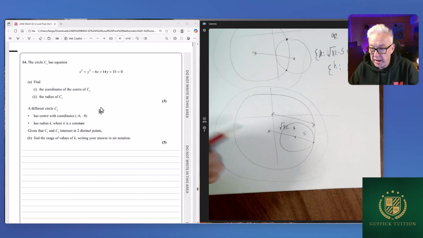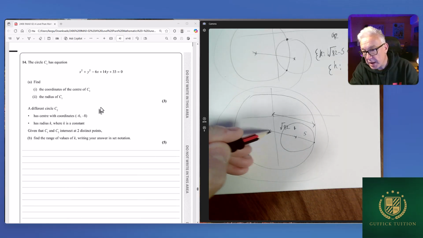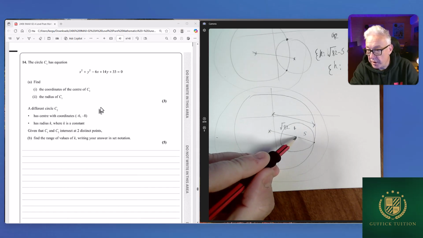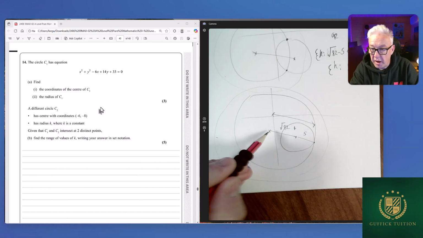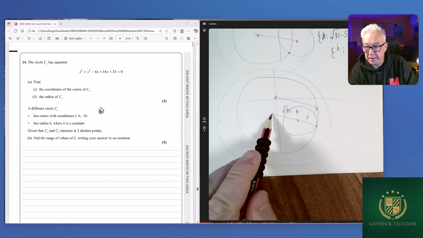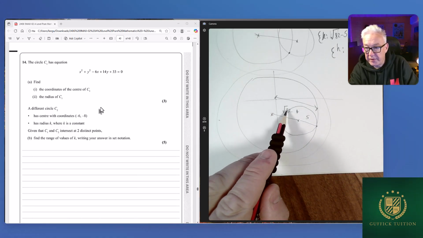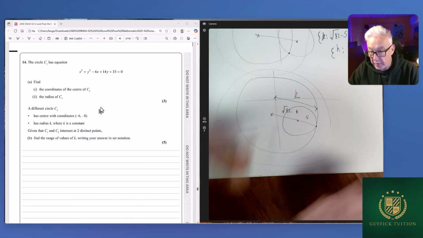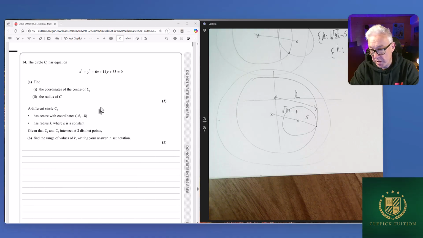And what have we got here? Well, there's our root 82, our distance between our two centres. And we know that the radius is 5, so at the other end of the spectrum, our upper limiting factor is that we're going to have a length of root 82 add 5. So that would be the value of k, the radius, at the other extreme.